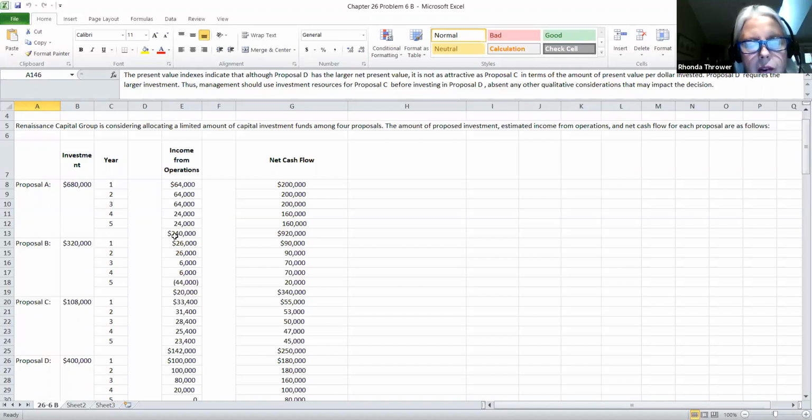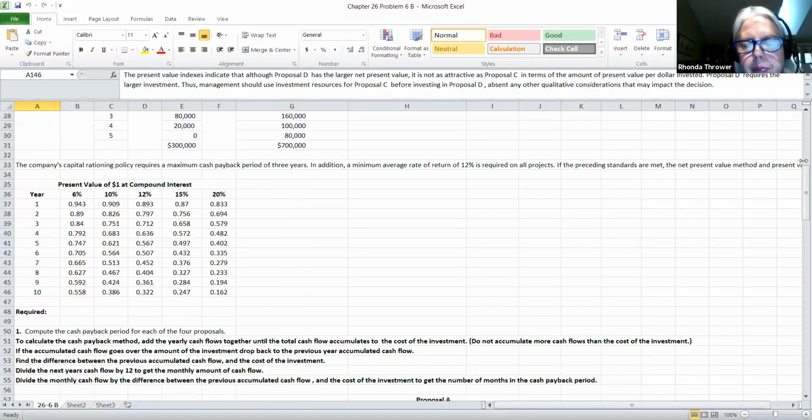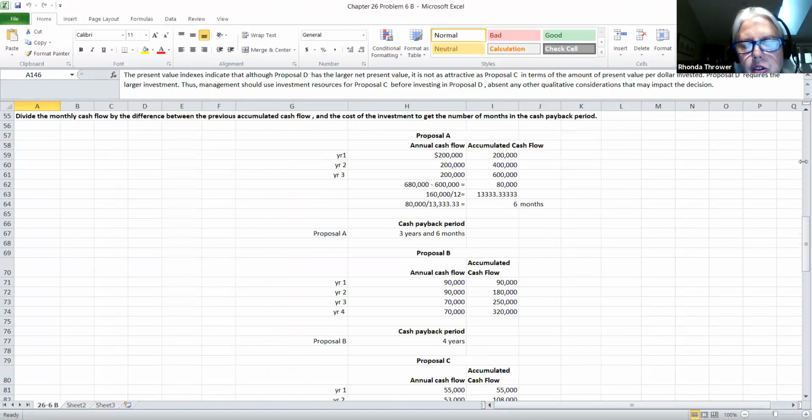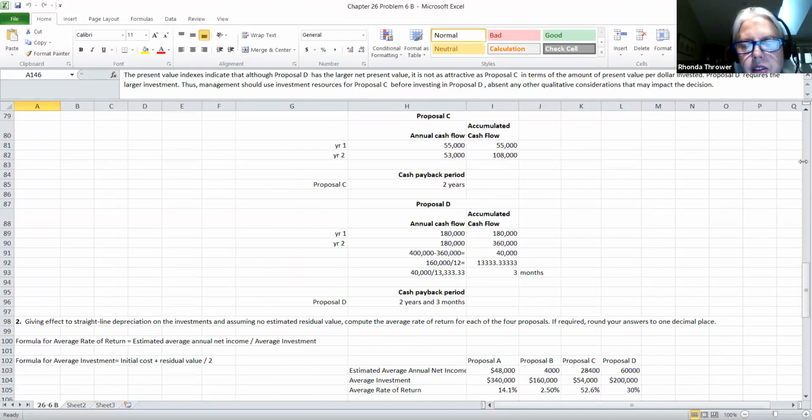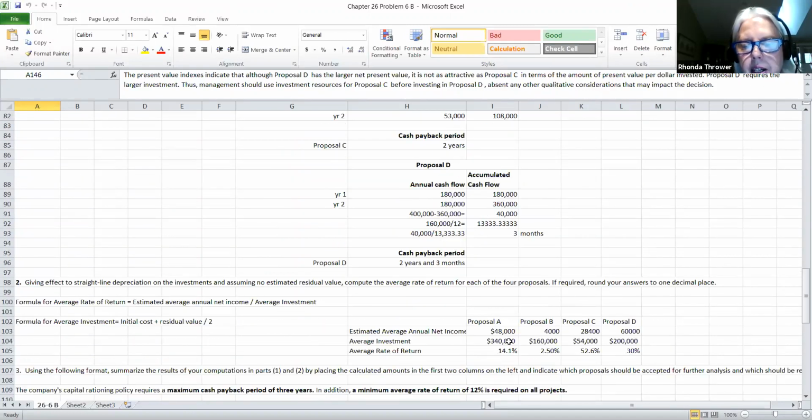I'm going to divide $240,000 by the 5-year life, and that will give me the average amount of the estimated annual net income. So the average amount of the estimated annual net income is $48,000.